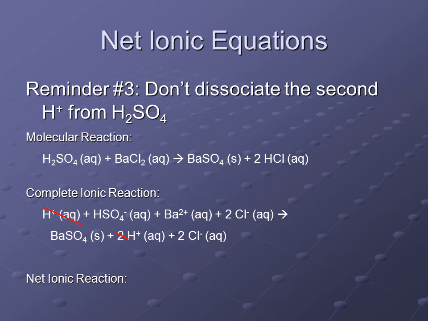Next up, we have 2 chloride ions on each side, so those will cancel each other out completely. This leaves you with a net ionic equation of the bisulfate ion plus barium ions react to form barium sulfate and hydrogen ions.